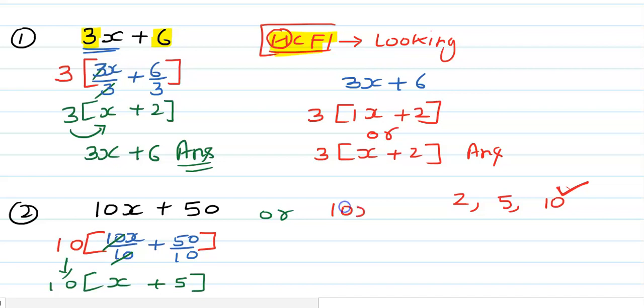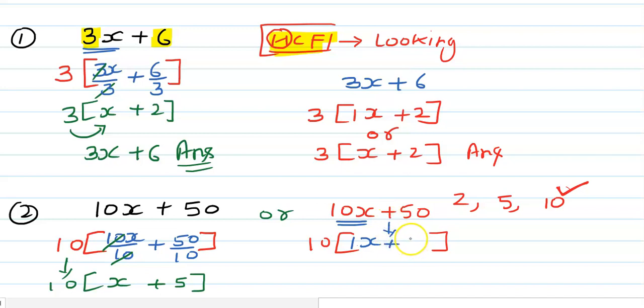If you don't understand this way, you can learn this way as well. It is 10x plus 50, so the highest common factor 10 is out. What is coming in the bracket? By which number will you multiply so that you get 10x? Definitely it is 1x. 10 times 1 is 10x, so you're getting this term. Then this plus sign.